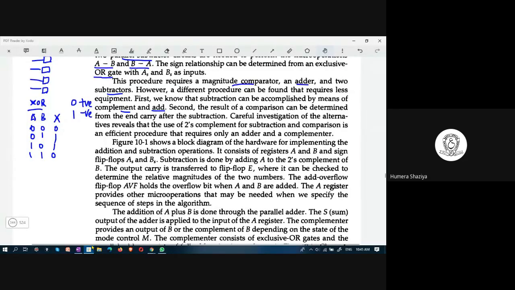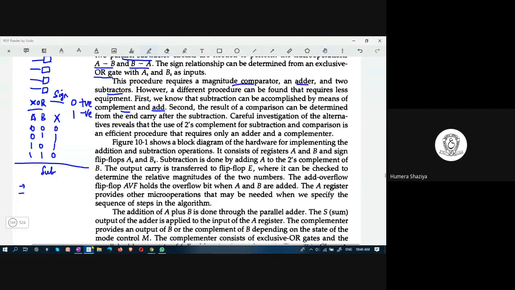Yeah, again, students, silence. What are the steps to perform subtraction? This is for sign, determining the sign. Subtraction steps. 2's complement of minuend. Add the minuend to the 2's complement of subtrahend.